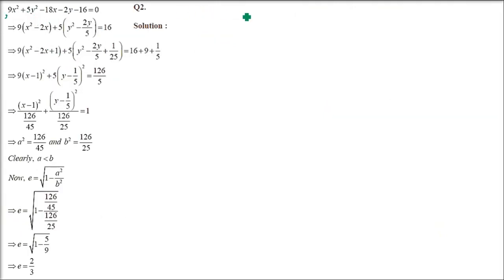This equation, 9x square I am taking, which is x term again, minus 18x. Now taking y term, 5y square, and then you have minus 2y. Now minus 16 I am taking on the right hand side. So we have to make it a perfect square.